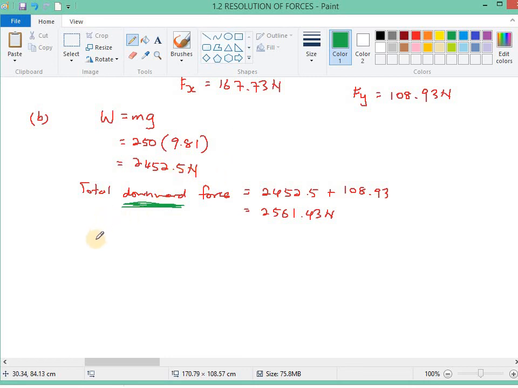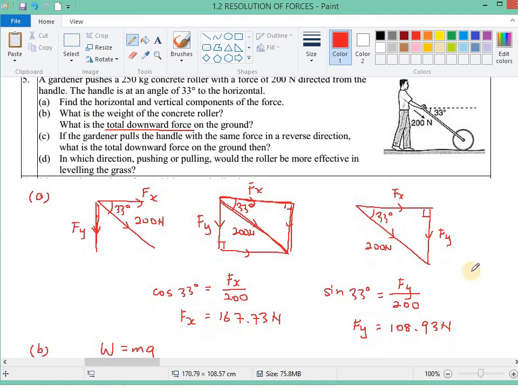So next, C. It says that if the gardener pulls the handle with the same force in a reverse direction, what is the total downward force on the ground then?